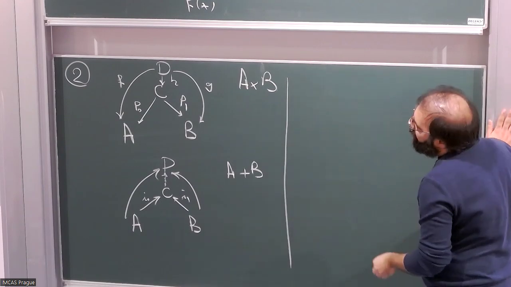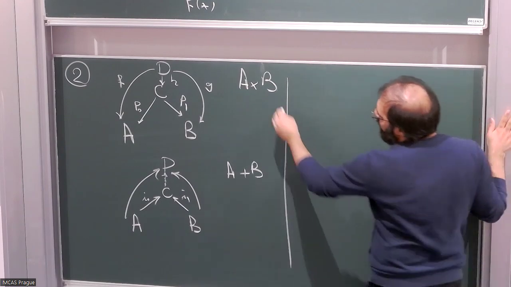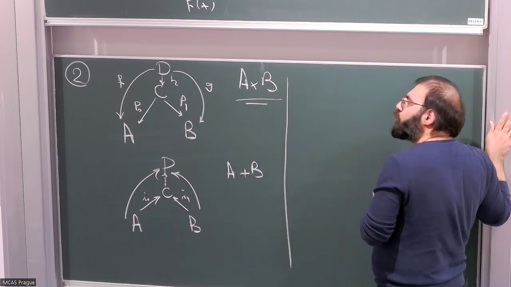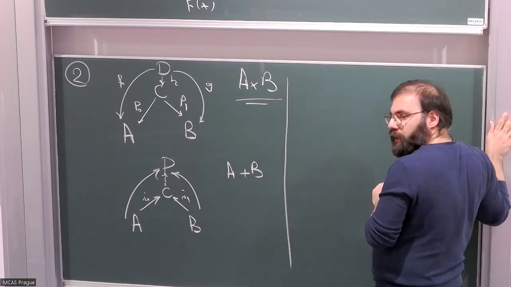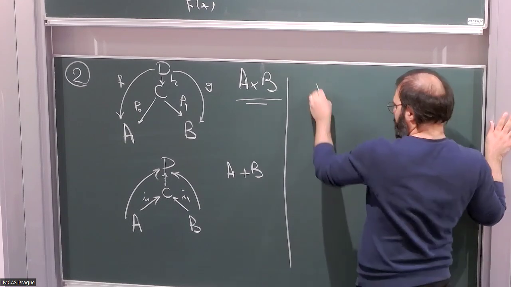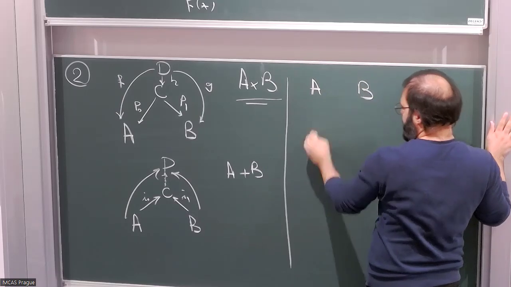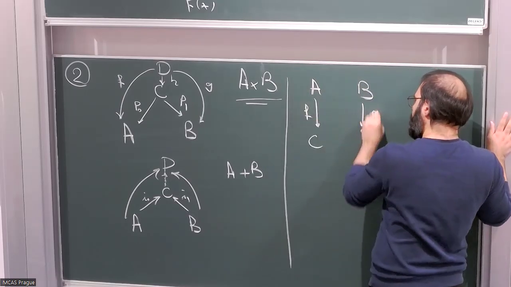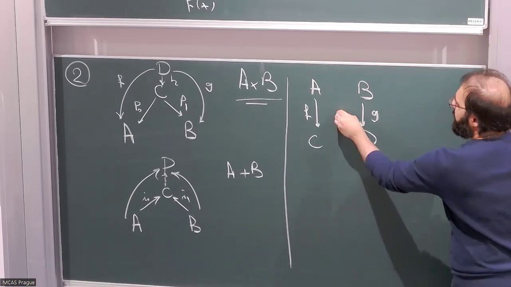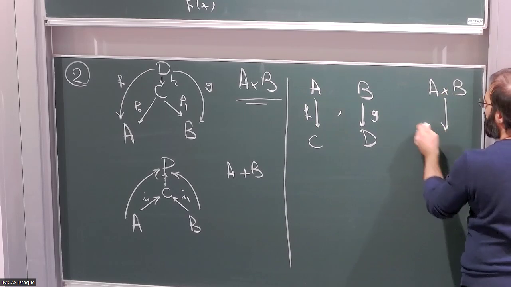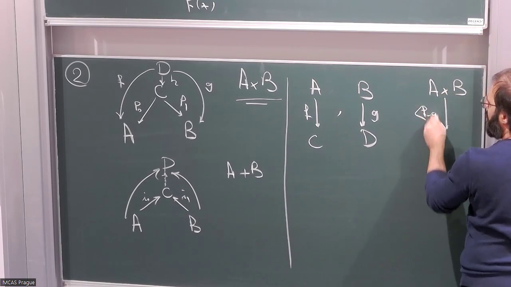Okay. So the next thing that I want to say is that now I know how to produce the product of objects. What about morphisms? Usually when I have set A, set B, set C, set D, and two functions, from this data you can construct a function that we write like this.